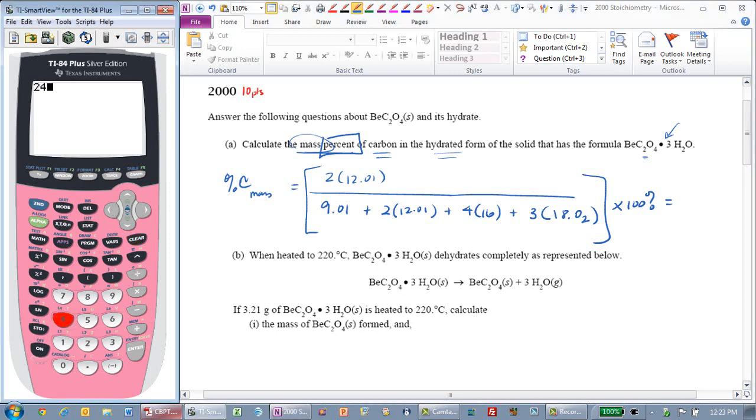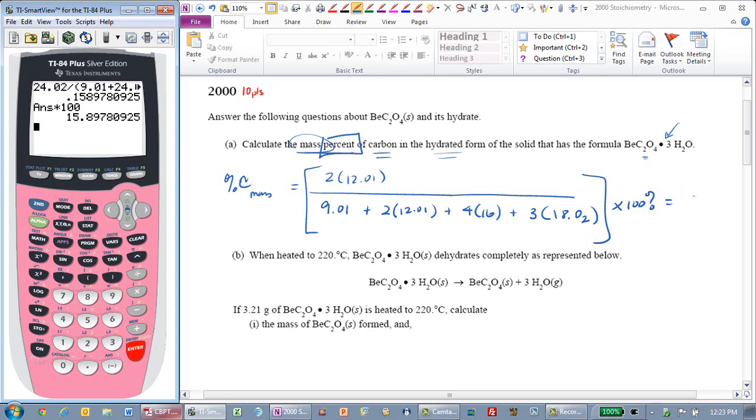That is 24.02 divided by, open a paren, 9.01 plus 24.02 again, plus 4 times 16 is 64, plus 3 times 18.02, which I can't do in my head as easily, equals 0.159. But multiply by 100, and you come out with something more like a normal percent. So let's call it 15.9, 3 sig figs.